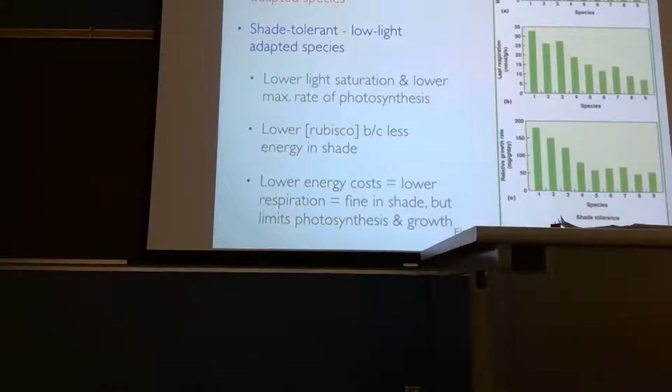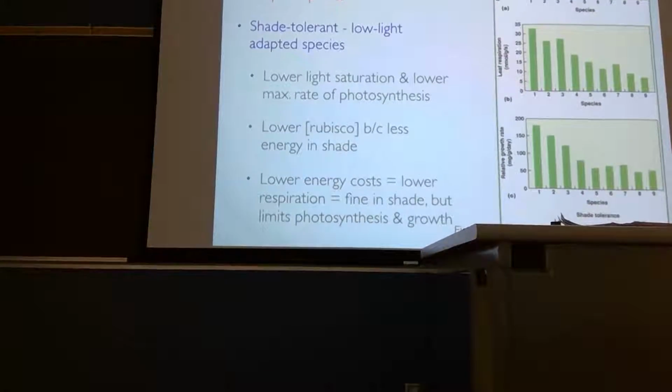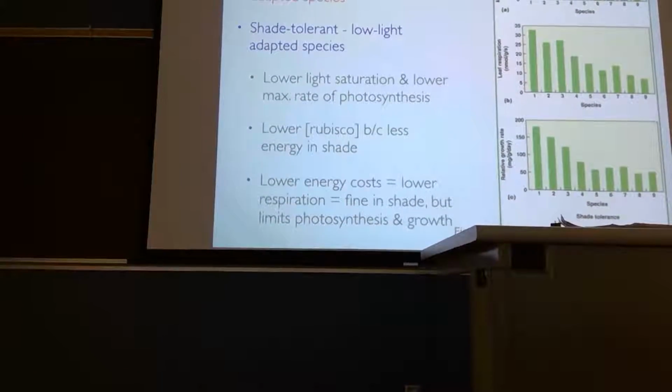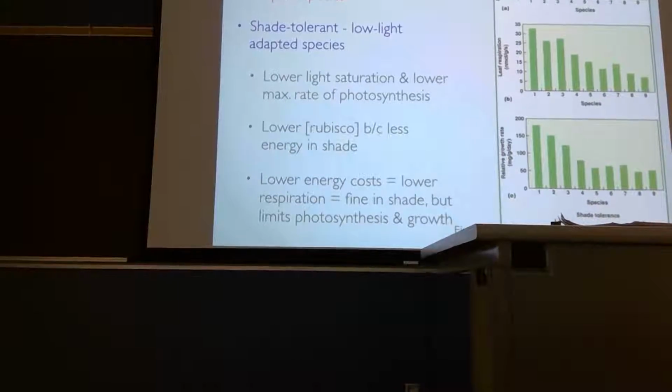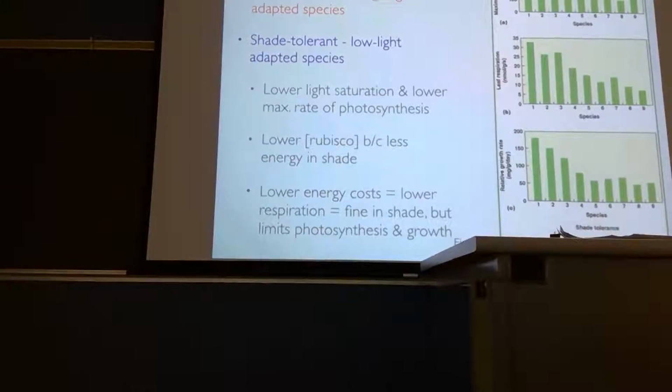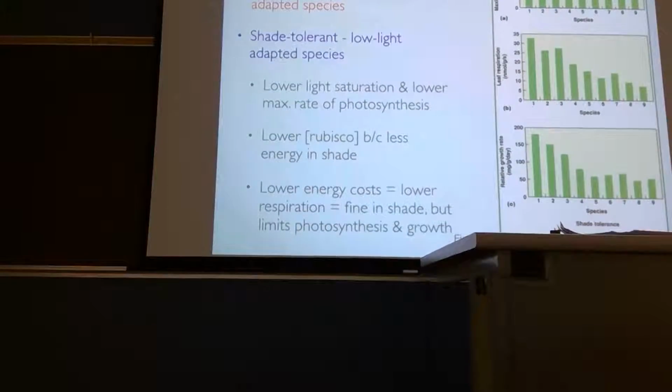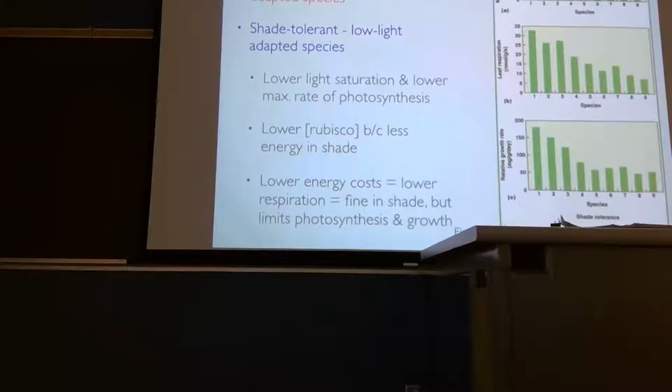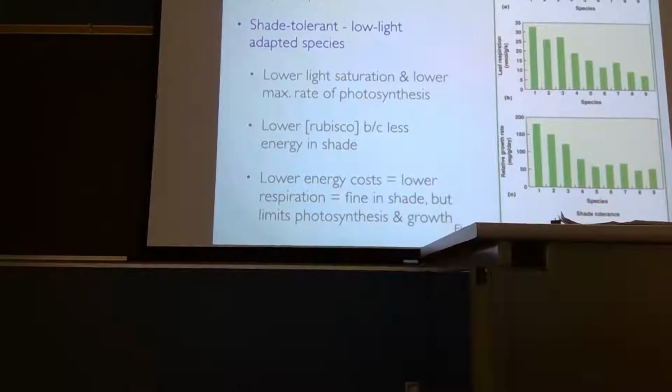That's how they get their shade tolerance, because they have less rubisco, which means they have a lower metabolic respiration need to make less protein, so they can do less photosynthesis, they can do with less light. But this then limits their ability to photosynthesize and grow in high light conditions.